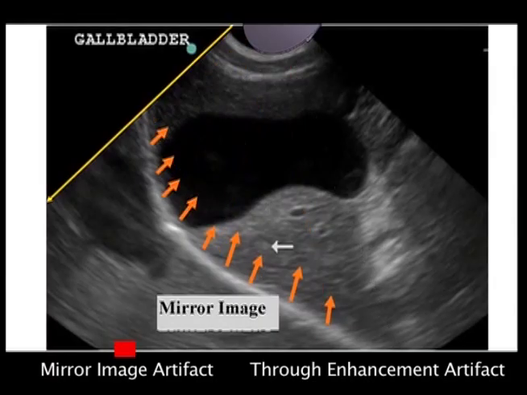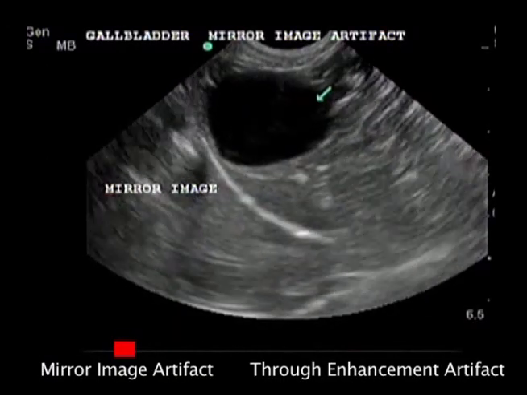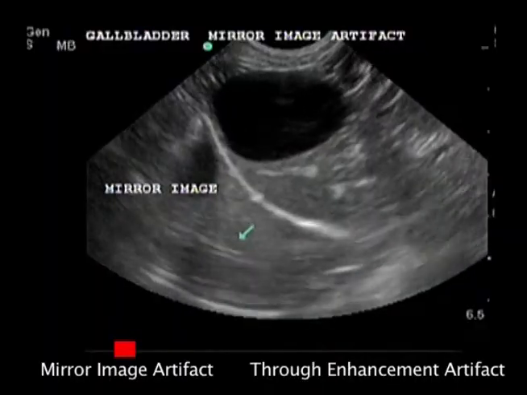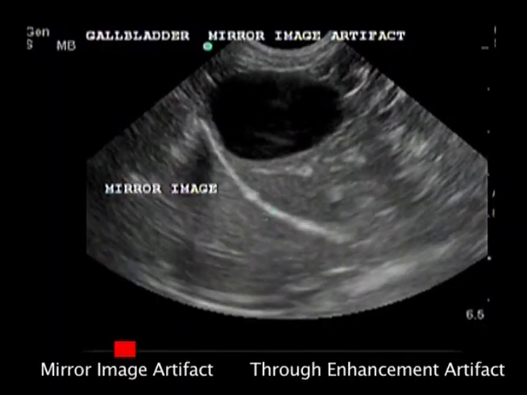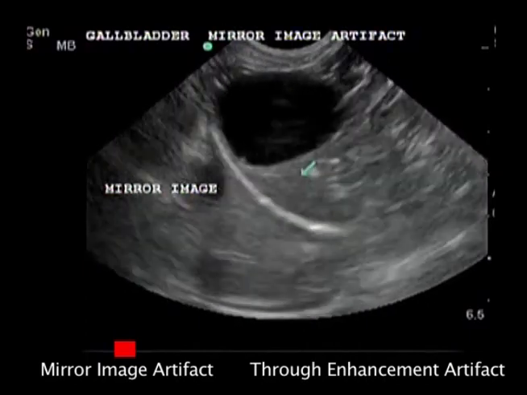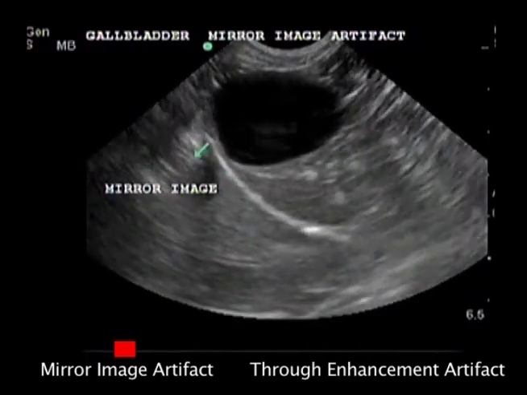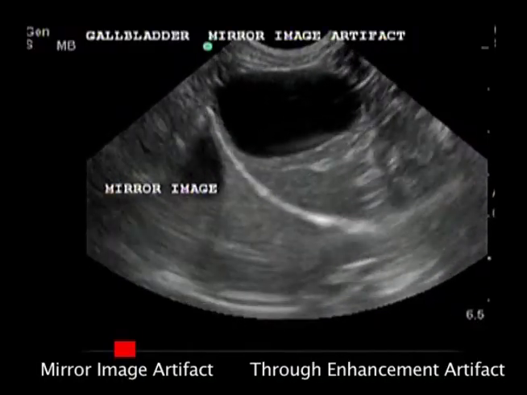Then the rest of the beam is strongly and completely reflected from the gas interface at the diaphragm and passes back through the same tissue in reverse order. Because of the time delay, the ultrasound machine assumes these reflections come from the other side of the diaphragm. The curve of the diaphragm also causes some refraction of the return.